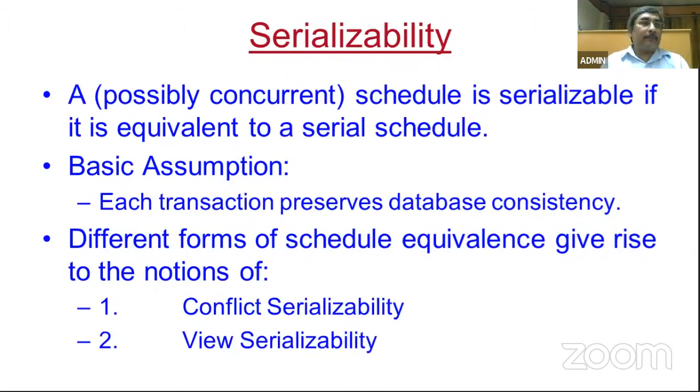Therefore, if they are free to do them in any way they like, then the problem becomes that, depending on how these transactions were scheduled, the resulting outcome of that particular database will be dependent on it. And what is the problem then?